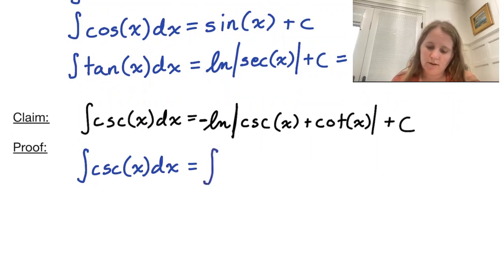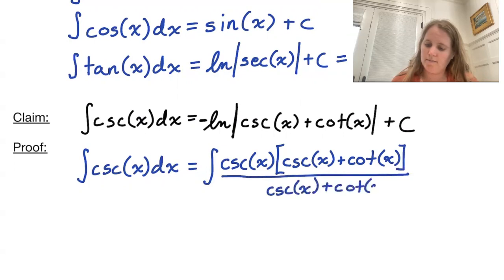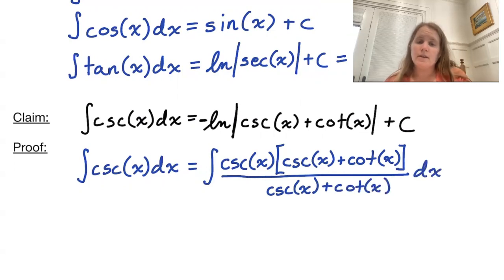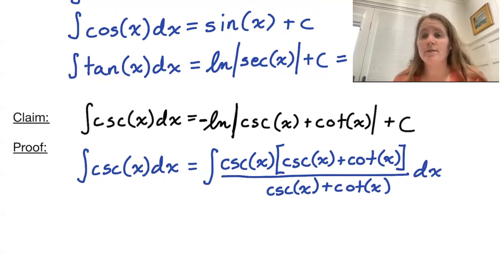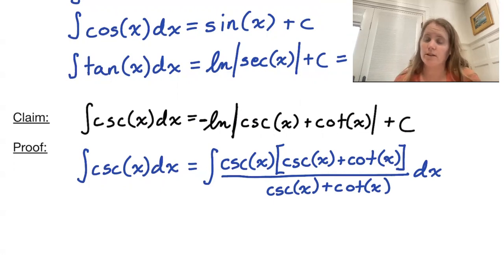So this is equivalent to cosecant x times cosecant x plus cotan x, all over cosecant x plus cotangent x, dx. All that we have done here is multiply by an equivalency to 1 of cosecant x plus cotan x over cosecant x plus cotan x.